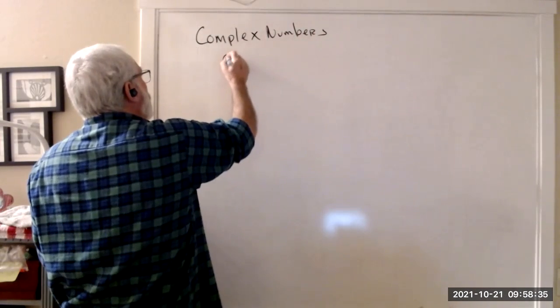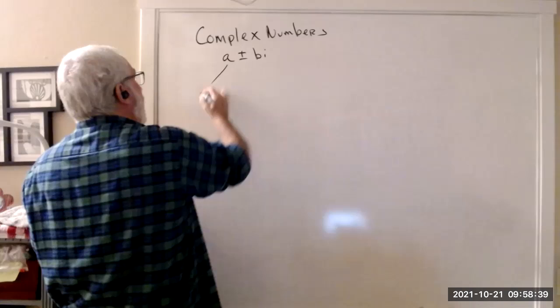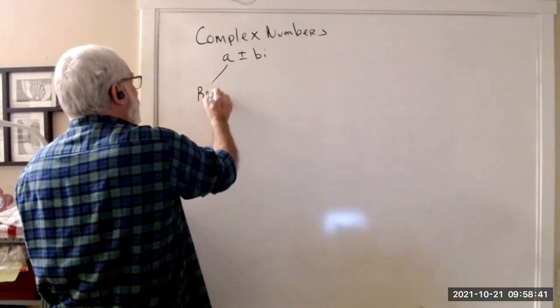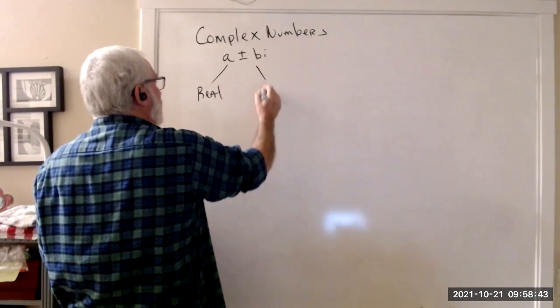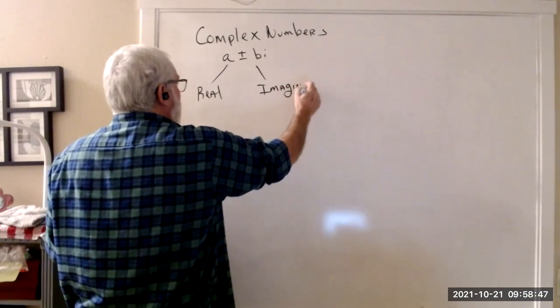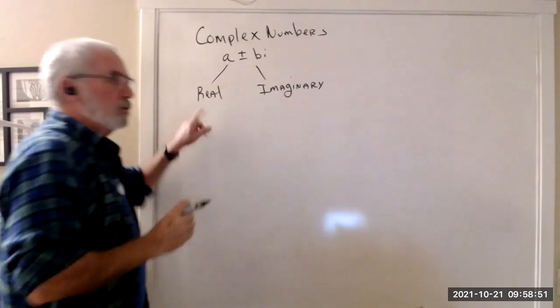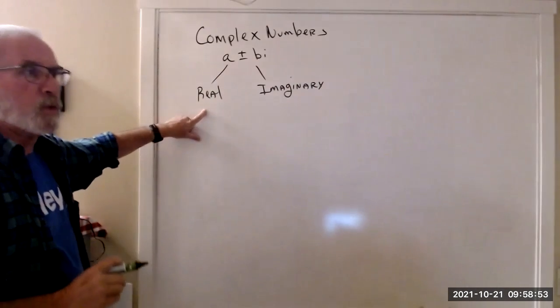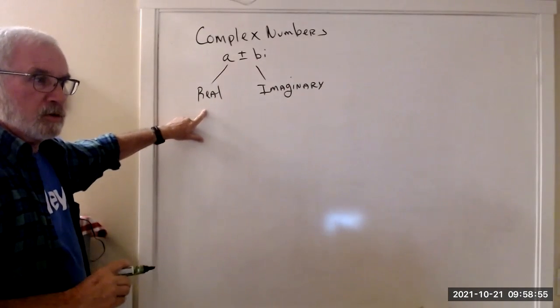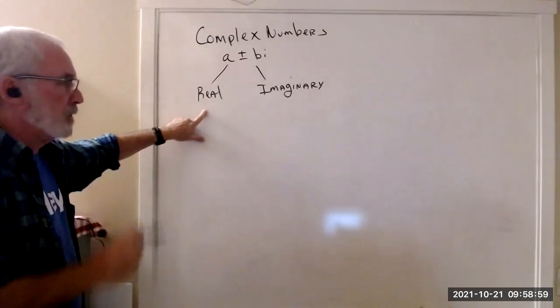And they were written as A plus or minus Bi, where A is part of the real numbers and B is an imaginary number. The real numbers are what we've always worked with. The real numbers are all the numbers that we've always used on the number line.